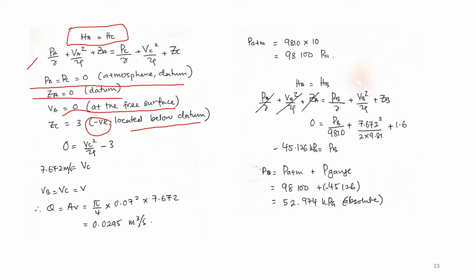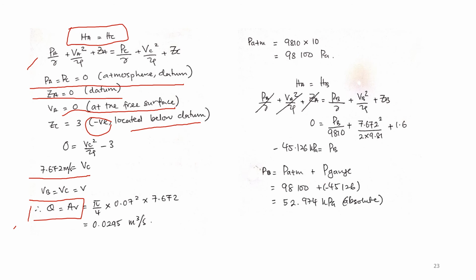Okay, and then we can calculate the VC. So we get the VC as 7.672. Okay, VB is equal to VC. So we can use the formula to calculate the Q. Q is area times velocity.